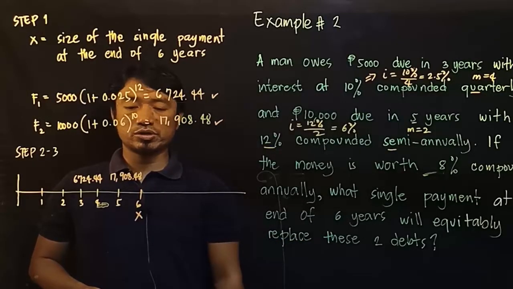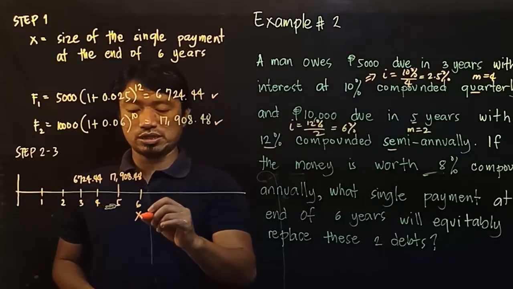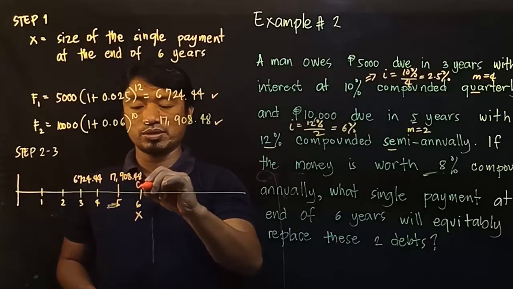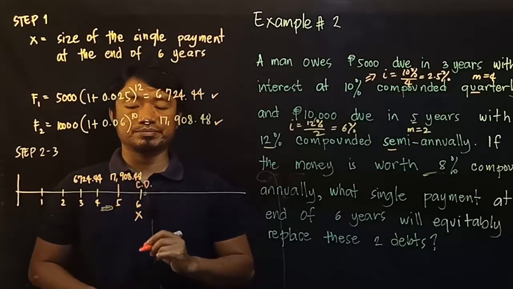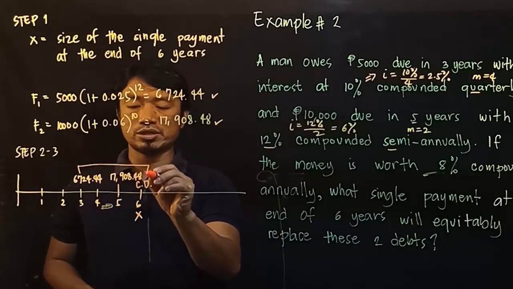And now we're going to choose the comparison date. So the comparison date for this case is on the 6th year, which occurs along with the payment. So this will be the comparison date. Therefore, this amount will accumulate towards the comparison date.